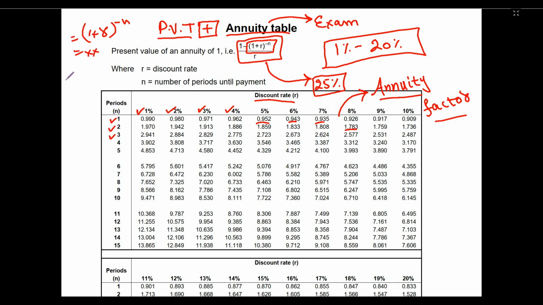As the second step we will deduct this answer from 1, and again we will have some answer. Now at this time we will divide it by this r, our discount rate, whatever the discount rate we have in the exam. Fine, so that's how we can calculate our annuity factor.